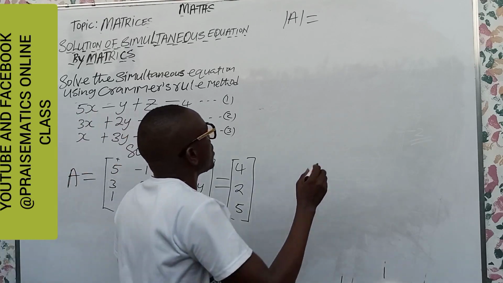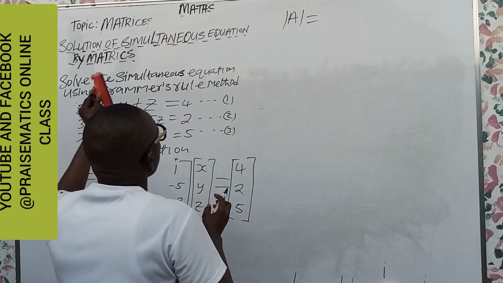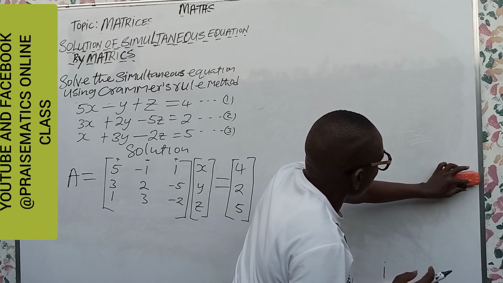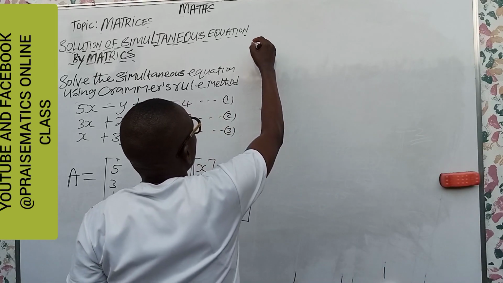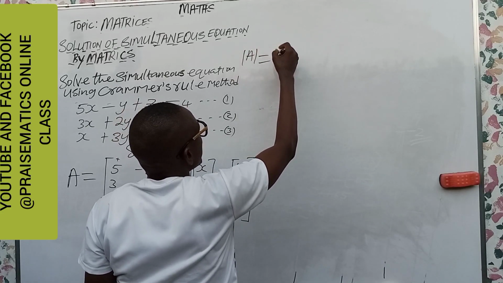So we are going to create this. We are going to have this as our determinant of A is equal to, create 2 by 2.